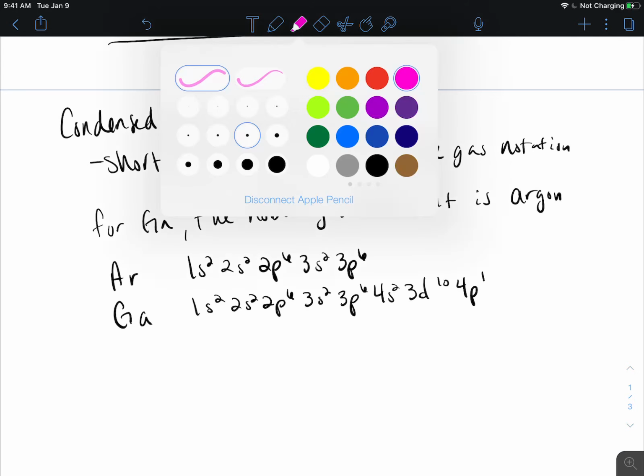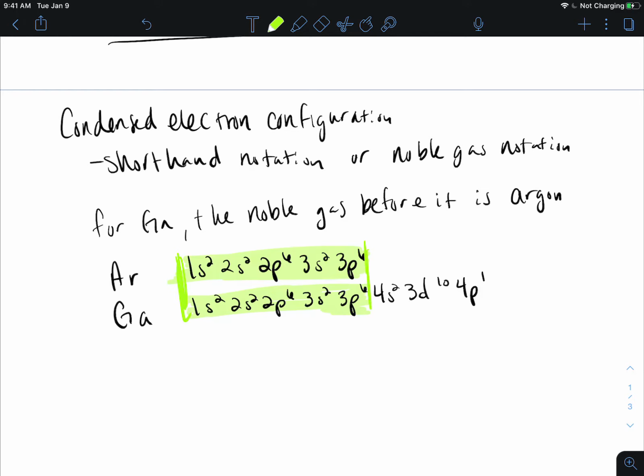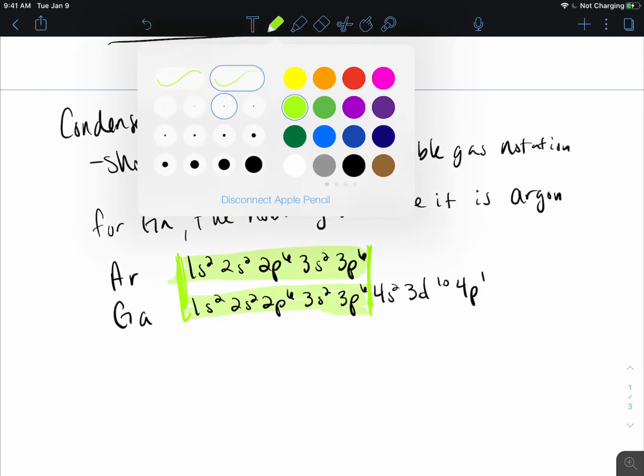And then if we look, we see that this is the same in both. So we're going to use our noble gas to account for these electrons instead of having to write them over again.